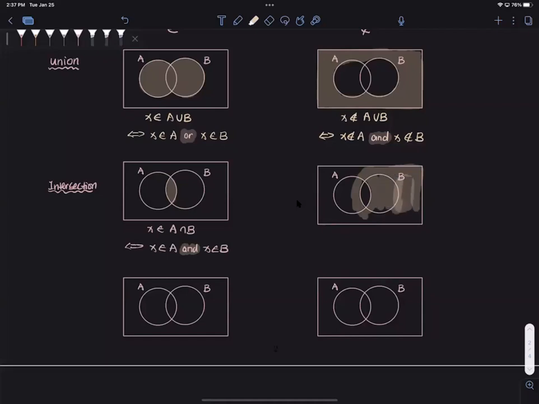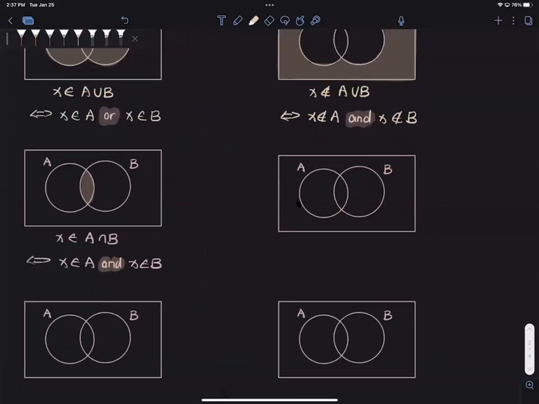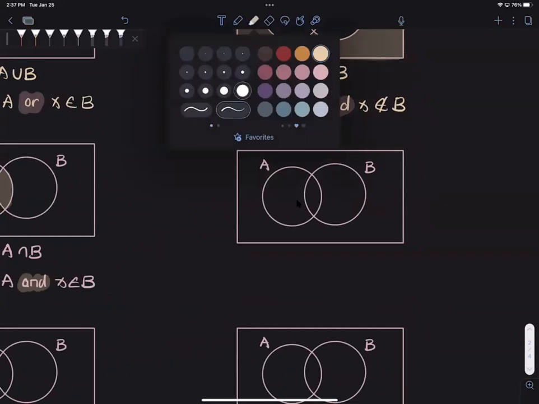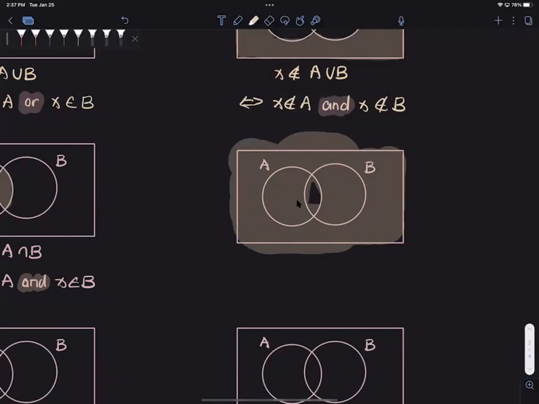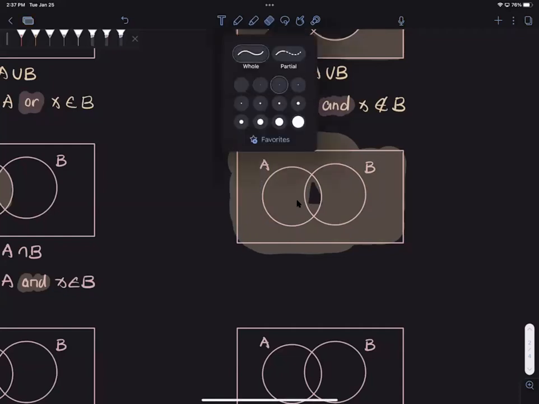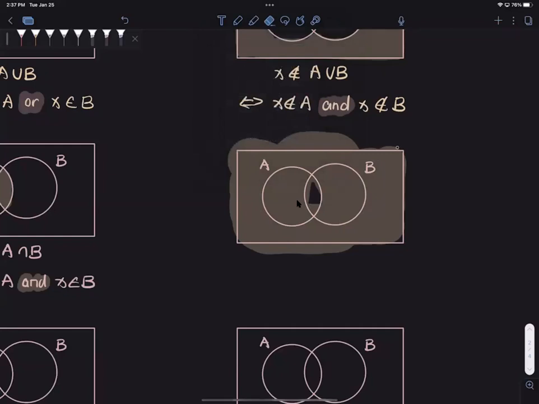So what is not in there? Okay, that's big. I'll just erase the extra part, which is here.